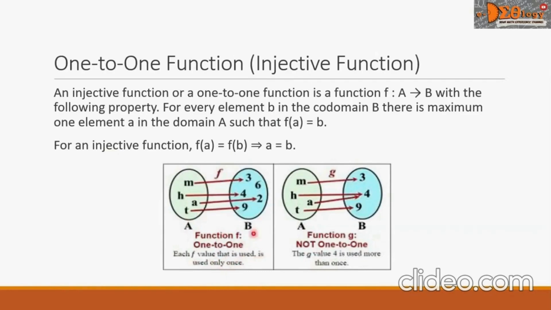It means each used element in group B is used once only. Let's see function g. We have also group A and group B. This function is not one-to-one because in group B, the value 4 is used more than once.